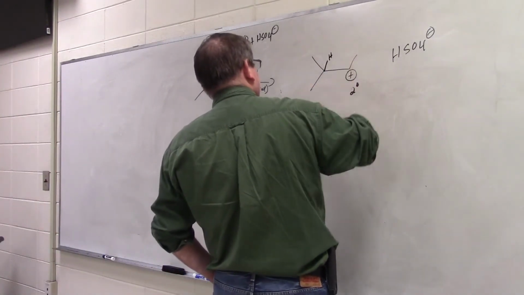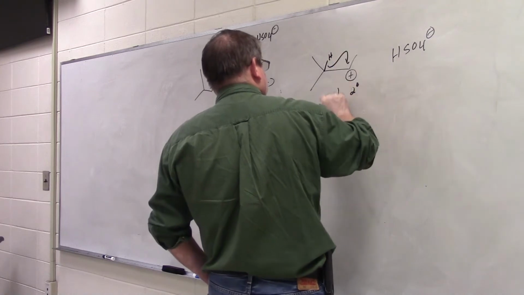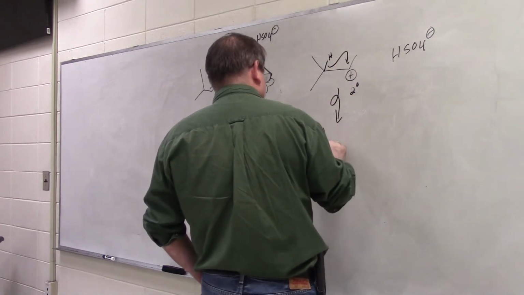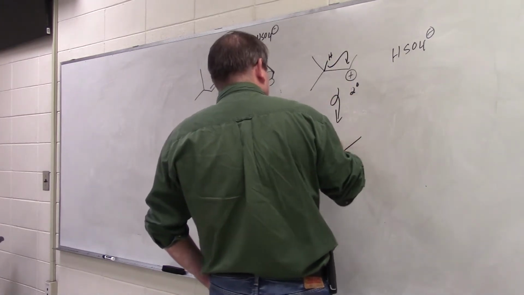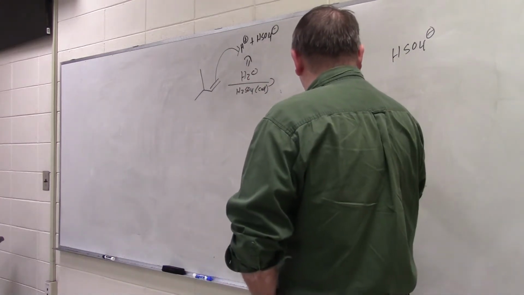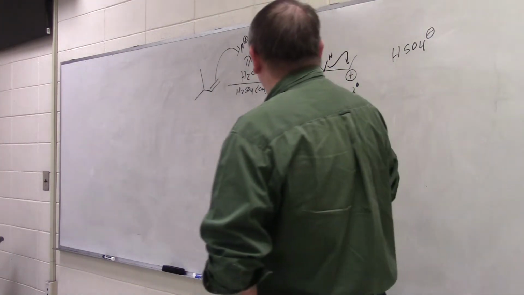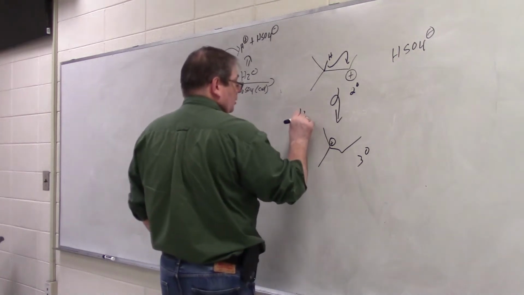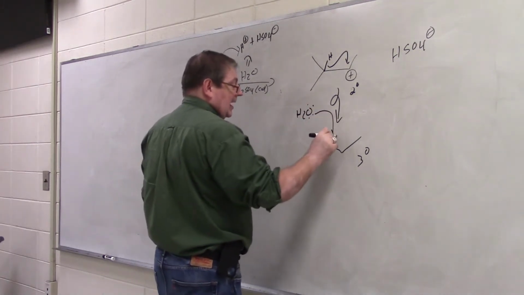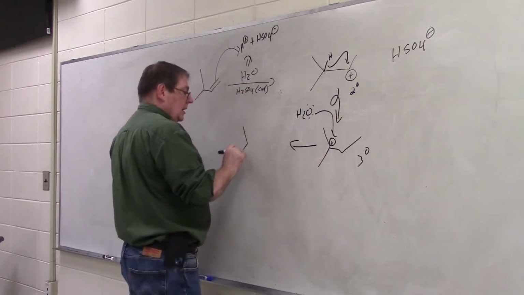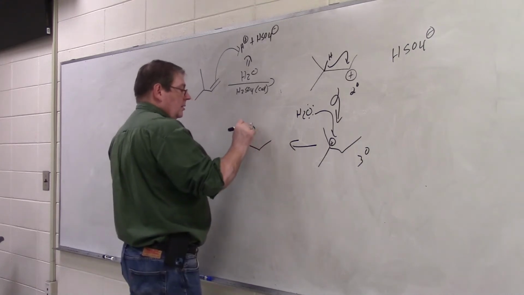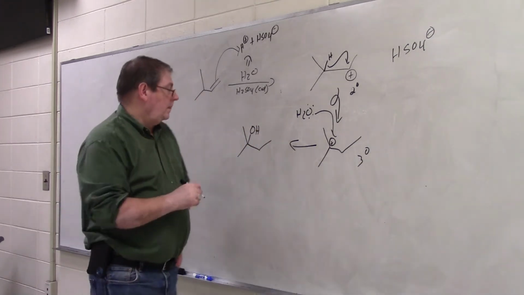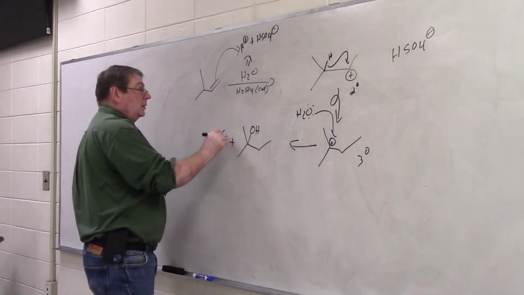There's a hydrogen here, and if that hydrogen moves, you get a more stable carbocation, a tertiary carbocation. Now the water attacks and you make that alcohol, plus of course you get your acid back because it's catalytic.